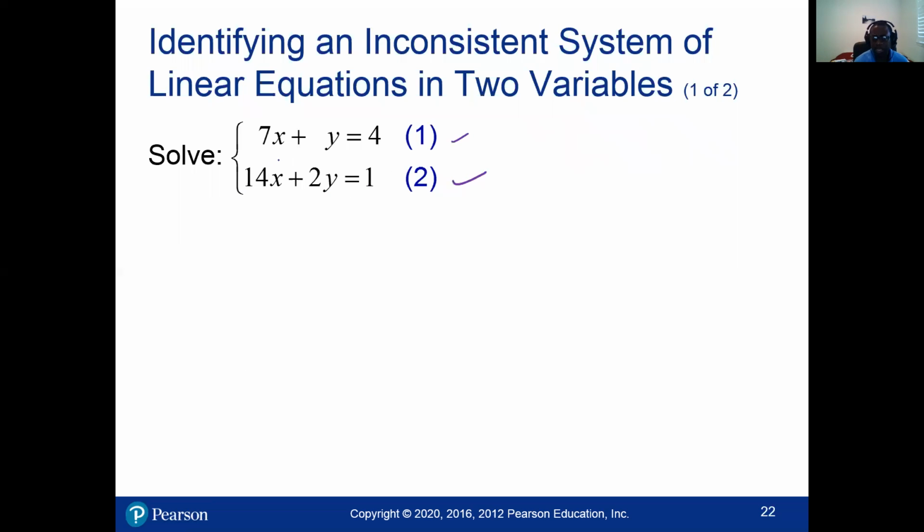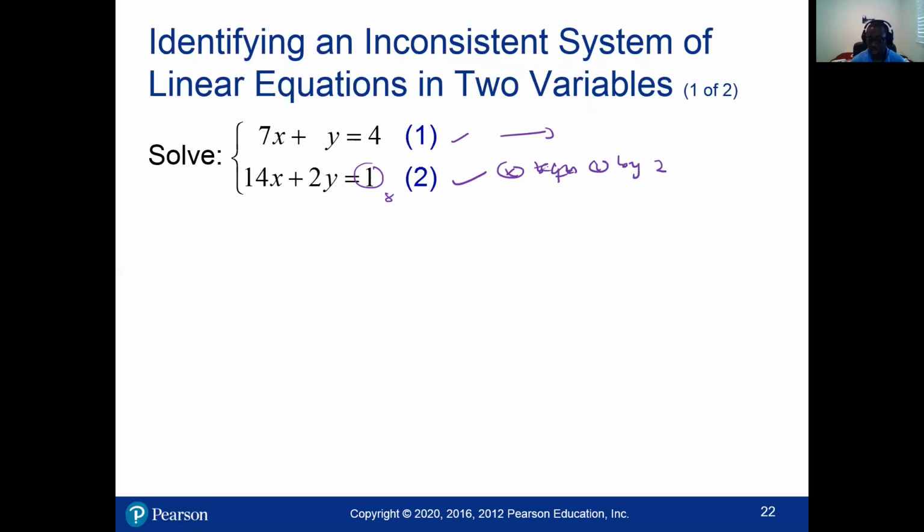To get equation 2, we multiply equation 1 by 2. But when you multiply by 2, instead of 4 becoming 8, it is 1. So that is inconsistent. That's a quick check.